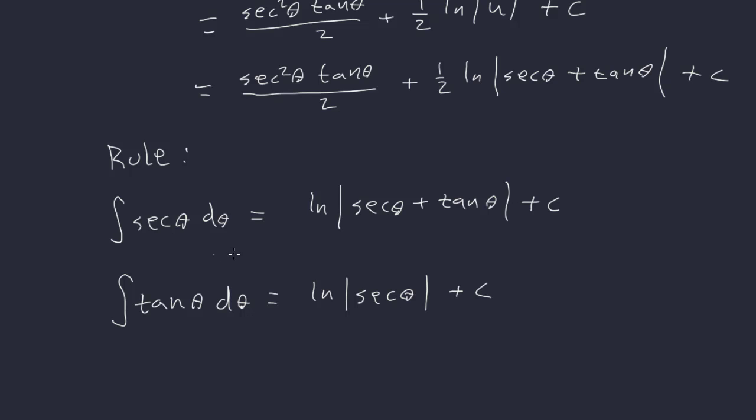So to me, this does kind of make sense, because if we think that the derivative of secant is secant x times tangent x, then the integral is the natural log of secant theta plus tangent theta, and for the integral of tangent, if the derivative went to secant squared, its integral goes to the natural log of secant theta. So we have the same pieces, just when we integrate, it is put into the natural logs.